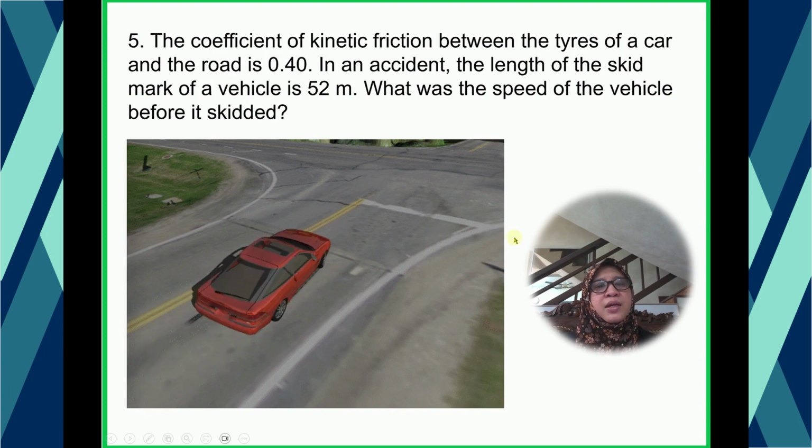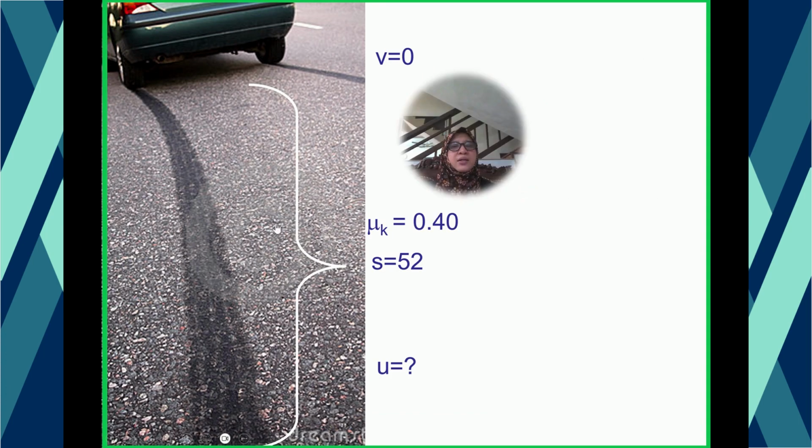Okay, so now this is another diagram. This is the skid mark. Starting from here is u, the initial speed that we are going to find. The distance travelled is 52 meter, and mu k is given as 0.40. Because this is kinetic friction, the coefficient is the coefficient of kinetic friction, 0.40.